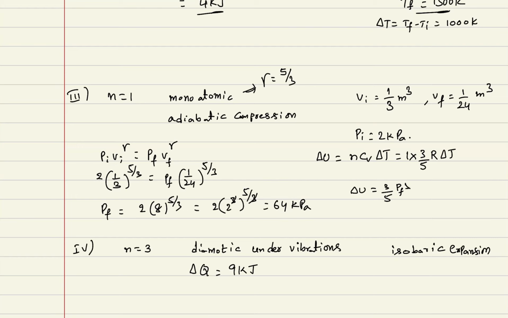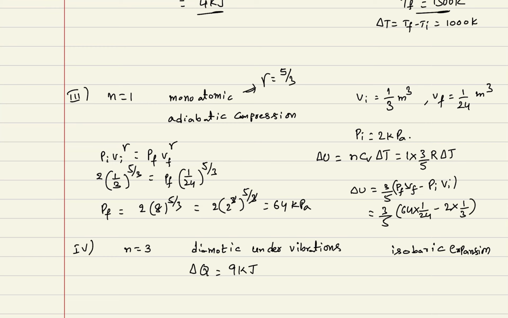Otherwise you can write it as P final V final minus P initial V initial also. You substitute there 3 by 5, P final value is 64, V final value is 1 by 24, minus P initial value is 2, V initial value they have given 1 by 3.